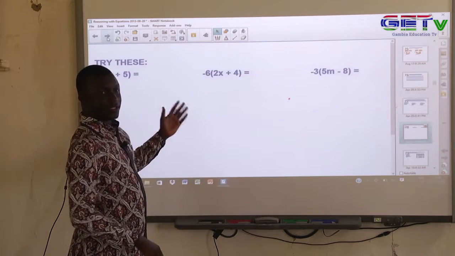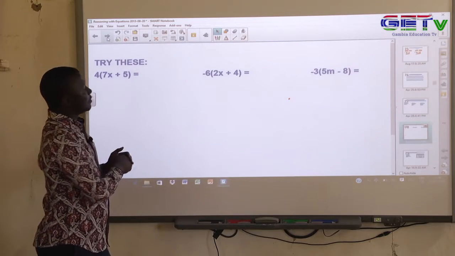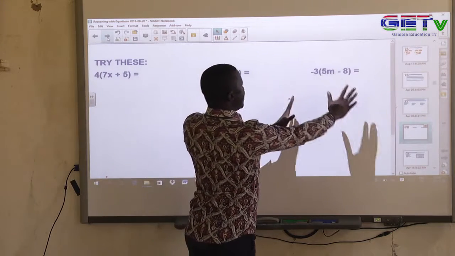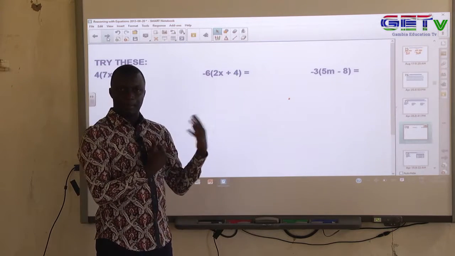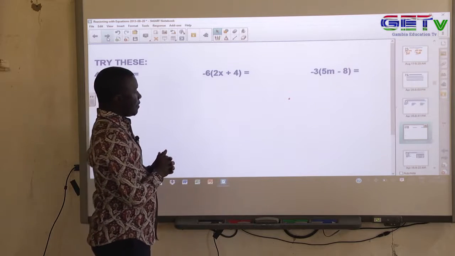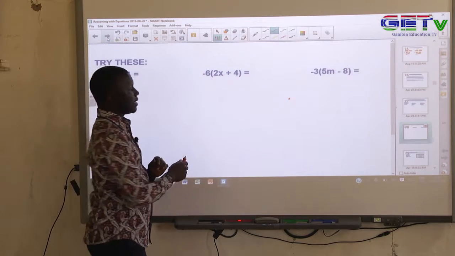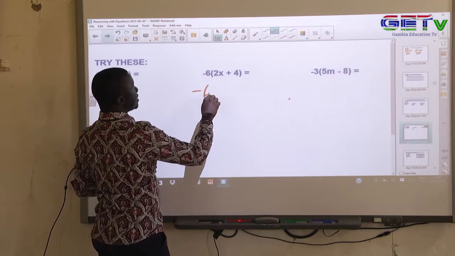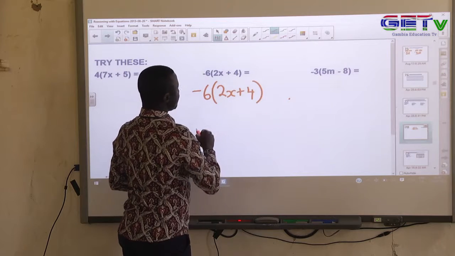Let us try this together. We did something like the first one previously. We can do the second and the third one together, wherein we have a negative number outside the bracket. Let us use our distributive property to expand the bracket here. Negative 6, let us rewrite it first, 2x plus 4.